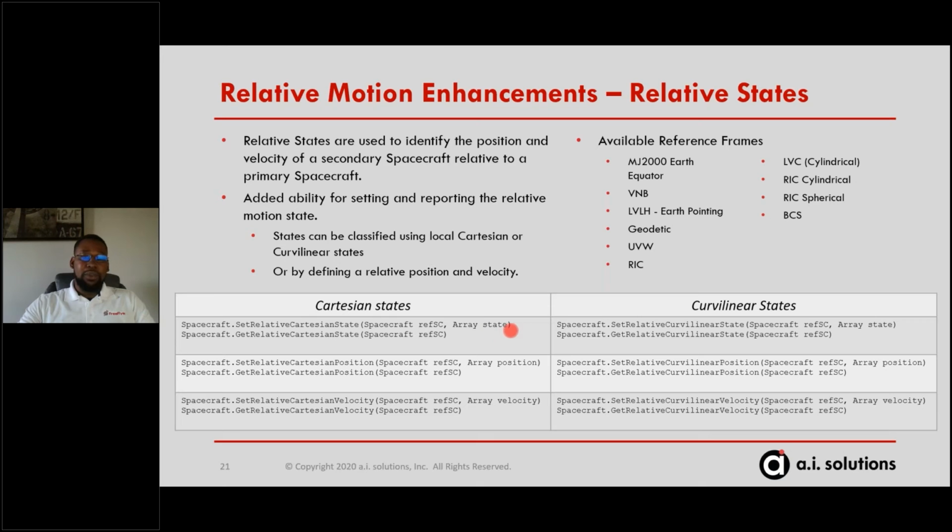And with that, you will then be able to set your spacecraft, set it and forget it, saying, hey, I know that it is 10 kilometers in the NTrack moving at 1 kilometer per second because I used this method with my array state.